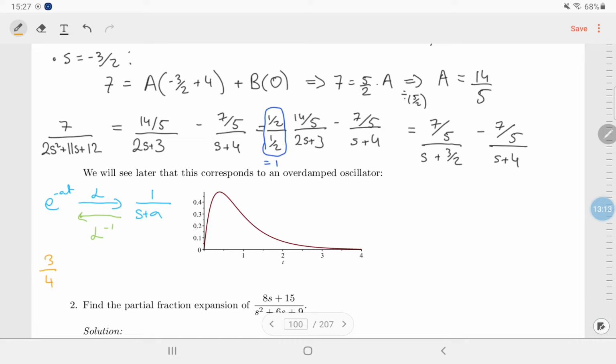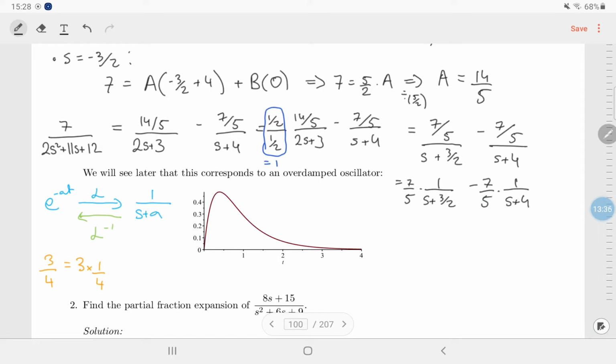If you say 3 over 4, that doesn't really mean anything. What I'd like is for you to say, that's 3/4. So similar story, 7/5 divided by this is 7/5 times 1 over s plus 3 over 2, minus 7/5 times 1 over s plus 4.